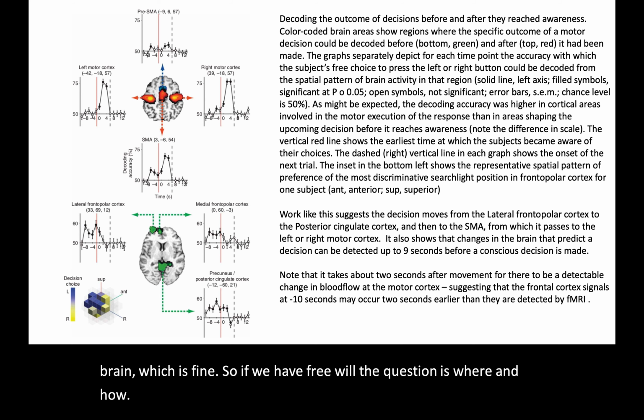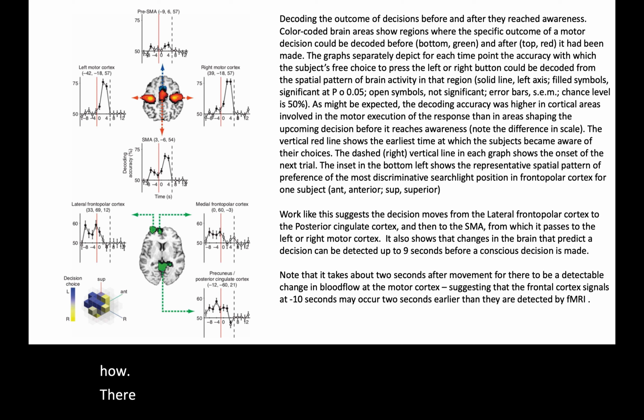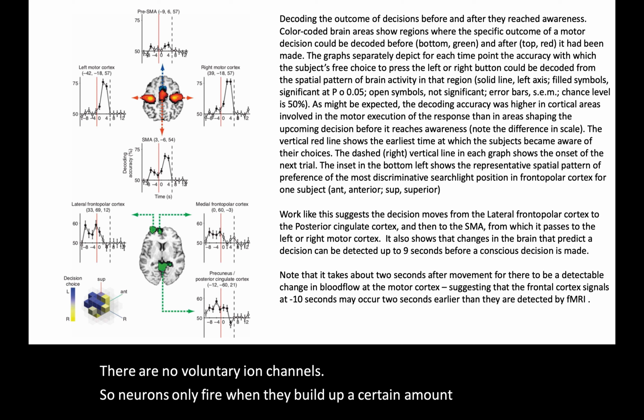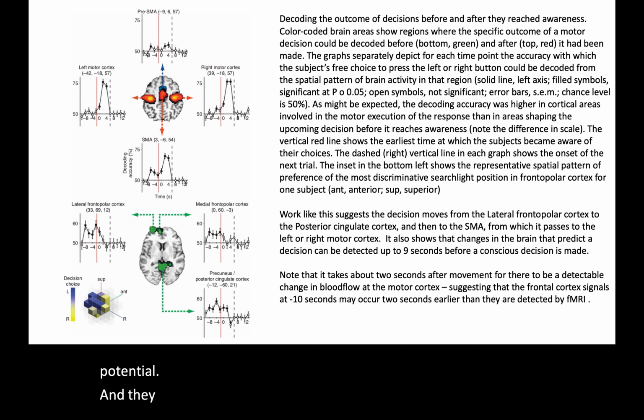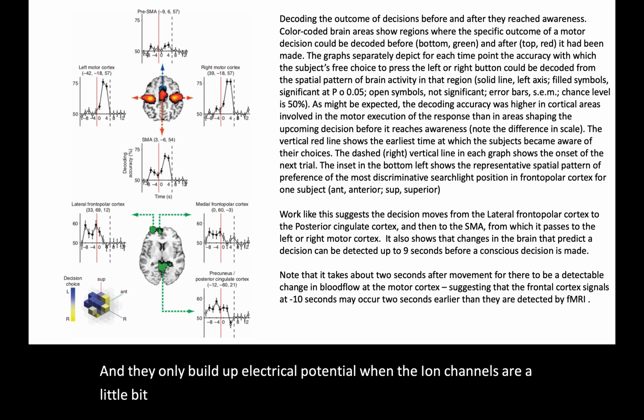Because there are no voluntary ion channels. So neurons only fire when they build up a certain amount of electrical potential, and they only build up electrical potential when the ion channels are a little bit open or a little bit shut, depending which kind of channel they are. And so there's nothing in here.